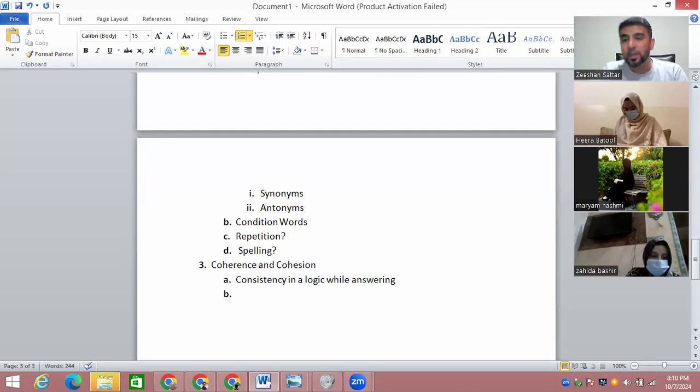And what is cohesion? We should add facts and figures along with examples, with the ideas or the arguments that we are writing in the exam. If we do not explain things completely, what will happen? This will create confusion. For example, if I say to you, whenever you move to Dubai next time, you should try to go by Emirates.